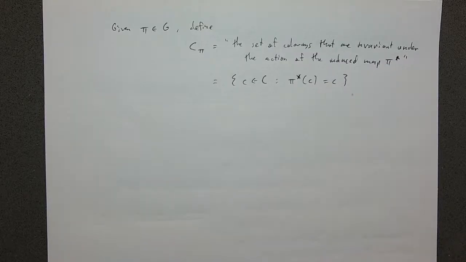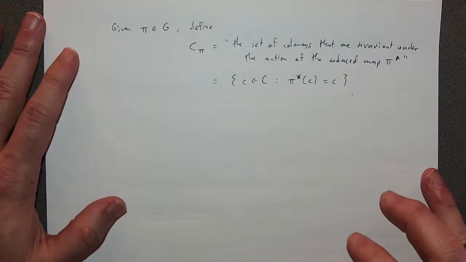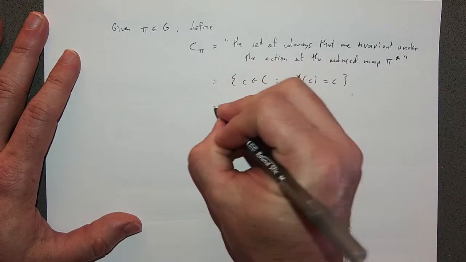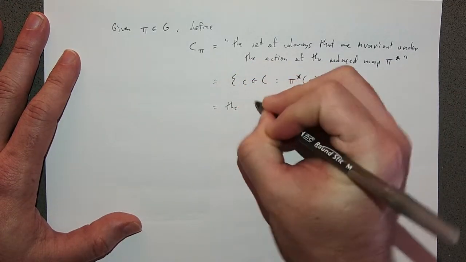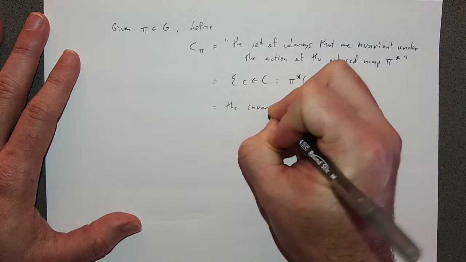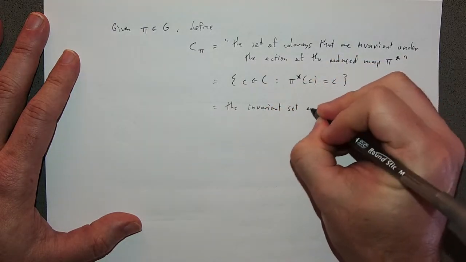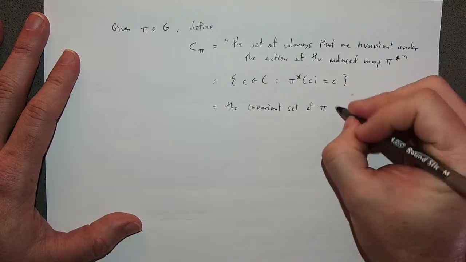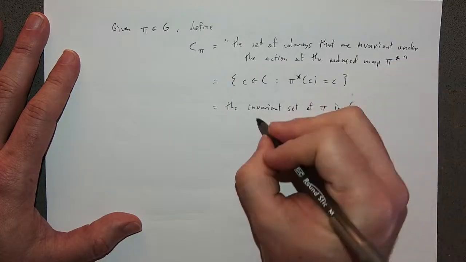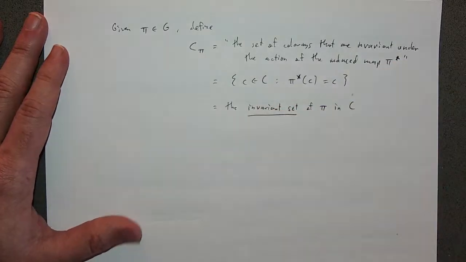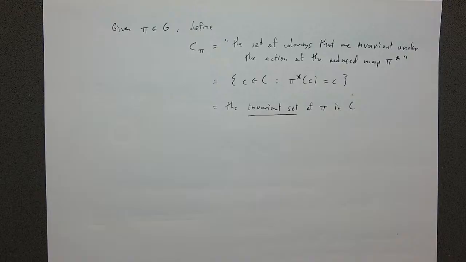Okay. This is called the invariant set. It's the invariant set of the permutation pi in C. The reason we say in C here is, notice this is a subset of C.